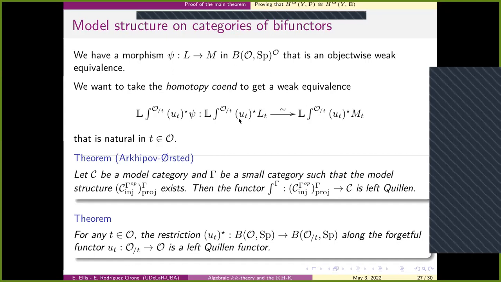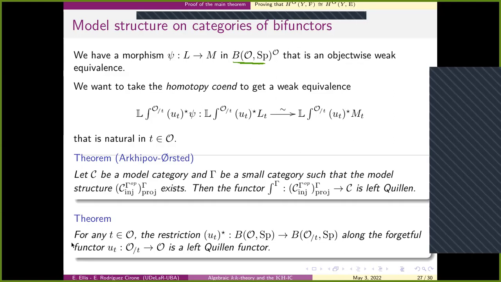So that seems complicated, but if we show that restricting a bifunctor is a left Quillen functor, we can take a cofibrant replacement here, and then if restriction is left Quillen, the restriction of something cofibrant would be cofibrant, and then we could use that as a model for the homotopy coend, and that holds.